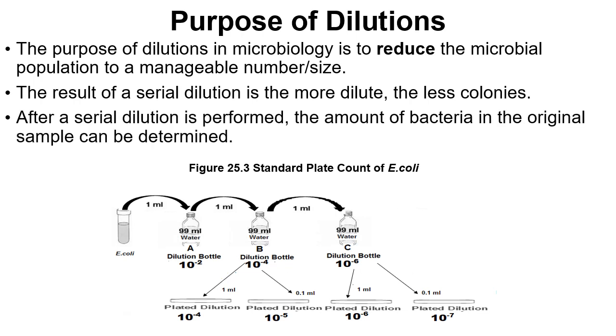After a serial dilution is performed, the amount of bacteria in the original sample can be determined. So after we are finished, we can count the colonies on the plates, knowing what the dilution is on the plates, and we can actually calculate how many cells are in the test tube of E. coli. This is important for things like food testing, milk testing, to see if a food sample is safe for consumption.